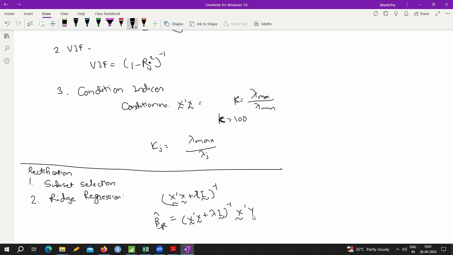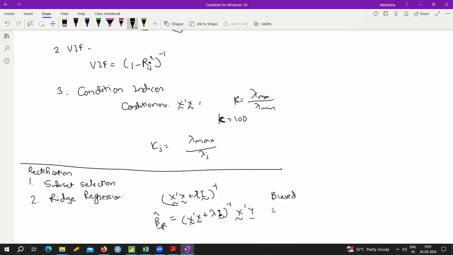Now as you can obviously see, if I compute the expectation of beta r hat, I will get the expectation of x prime x plus lambda I whole inverse x prime y, which won't be the same as the expectation of the original beta hat. As a result, the ridge estimate is actually a biased estimate. Okay. Least square estimates are unbiased.